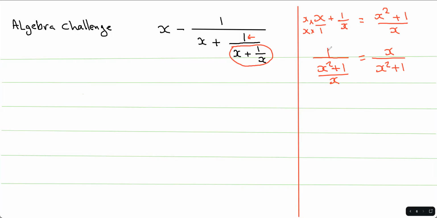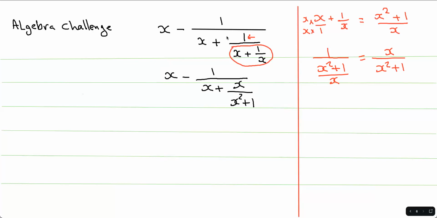And you know, when we divide, we go keep, switch, flip. So now we're taking care of all of this. So we have x minus 1 over x plus, and all of this became x over x squared plus 1.